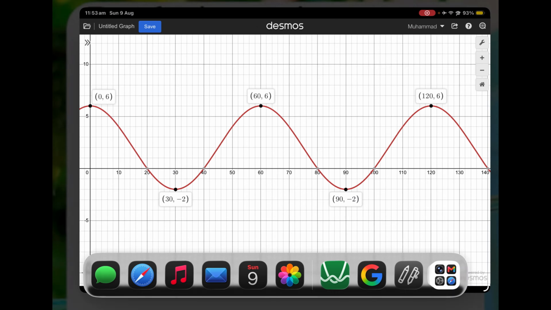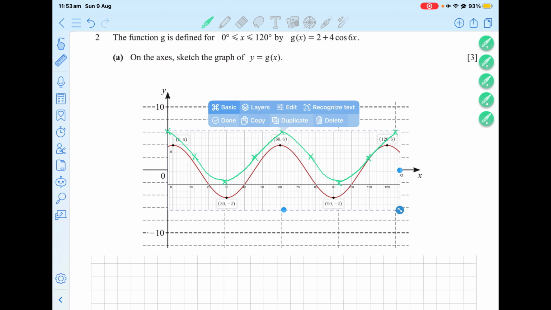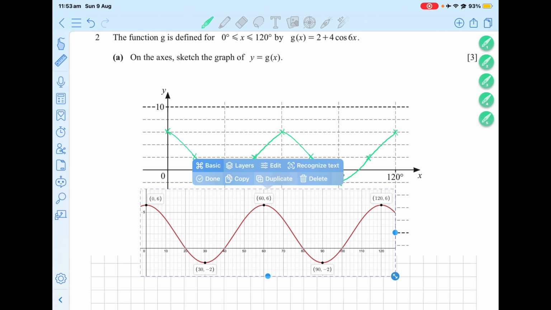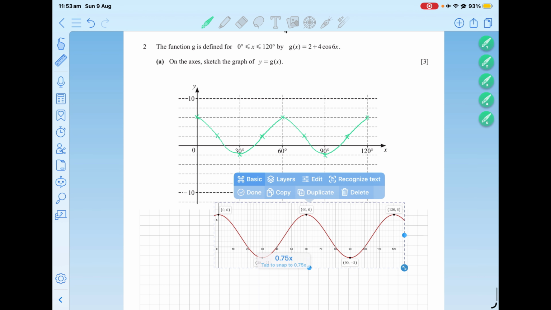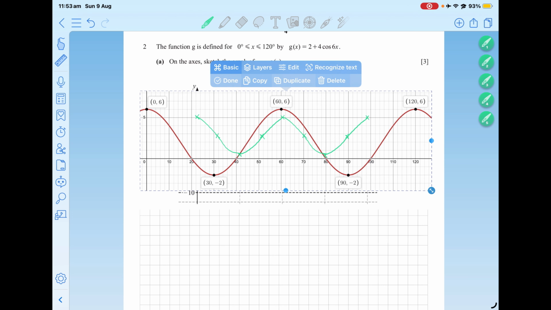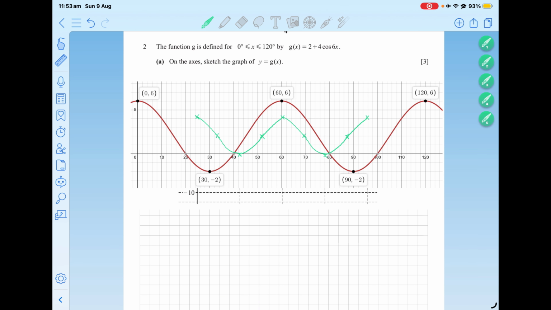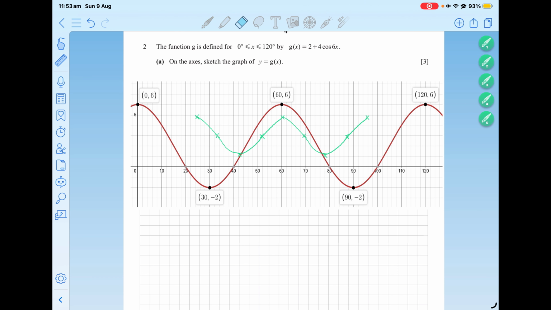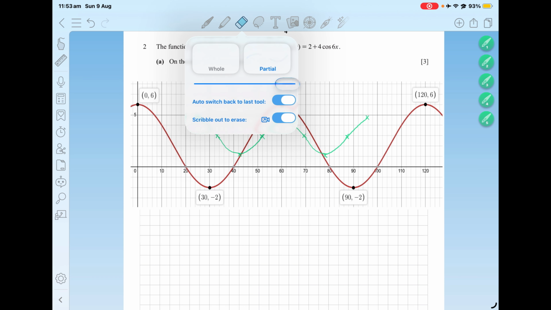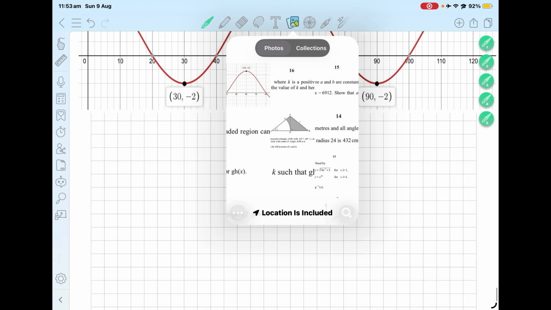Then this is our graph, a properly sketched out graph. Let me just put this as a replacement for that, and then let's just erase this out. I know it was a masterpiece, but what can I say?